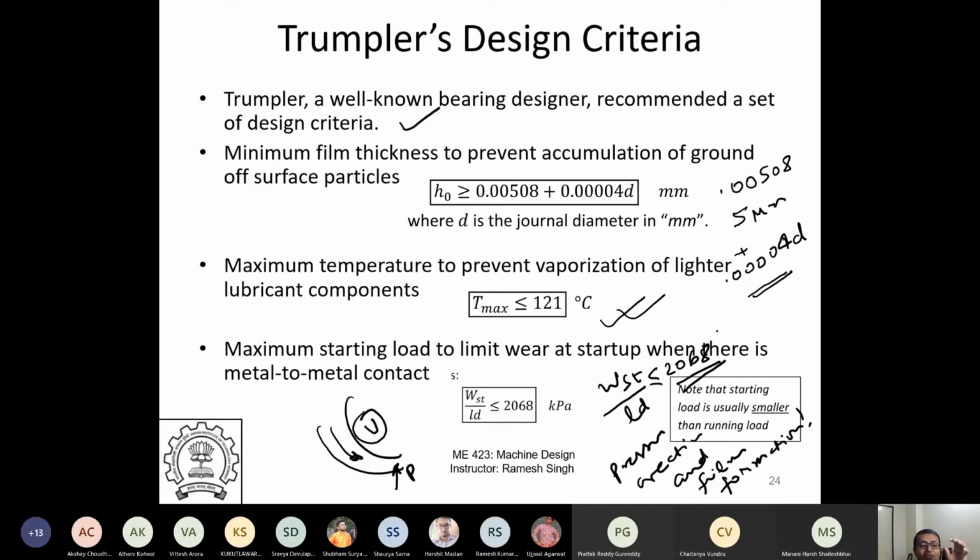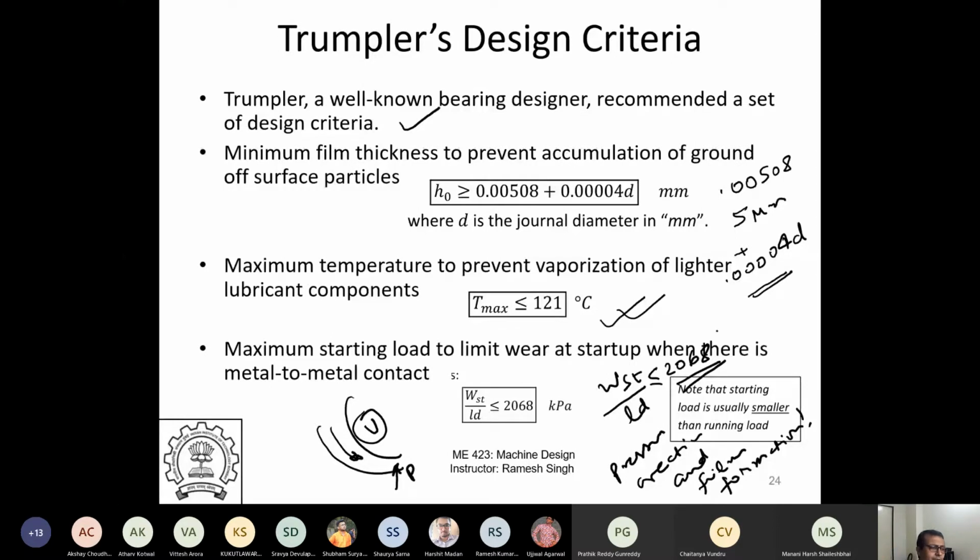So initially, you have to not load it fully when the system is getting started. Most of the power plants which use gas turbines, which rotate at very high speeds, or even steam turbines, make sure that the bearing is loaded gently, right? Because these are journal bearings which they use. So they will not start with the full load.